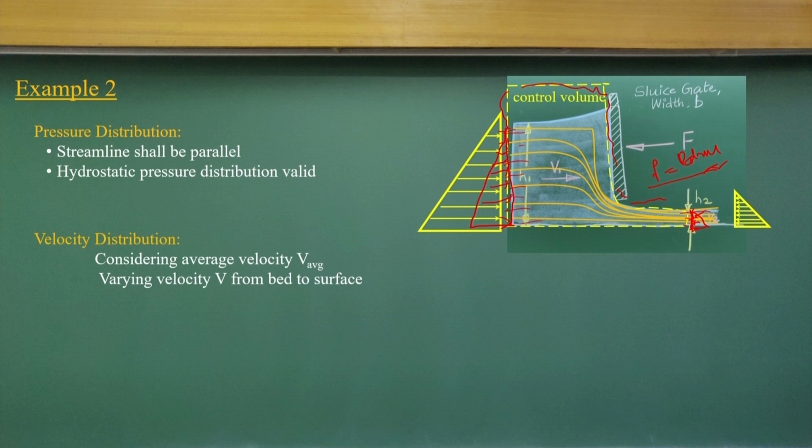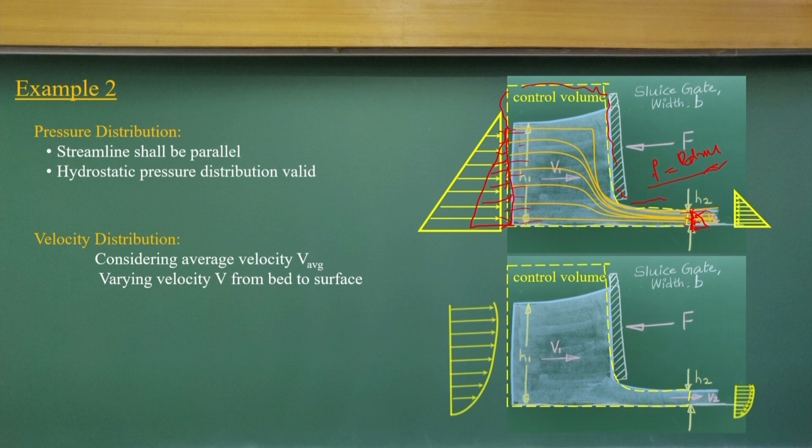As you expect, the velocity distribution here will not be uniform. The velocity will be zero at the wall and vary across the depth. So, in this case we consider the average velocity.